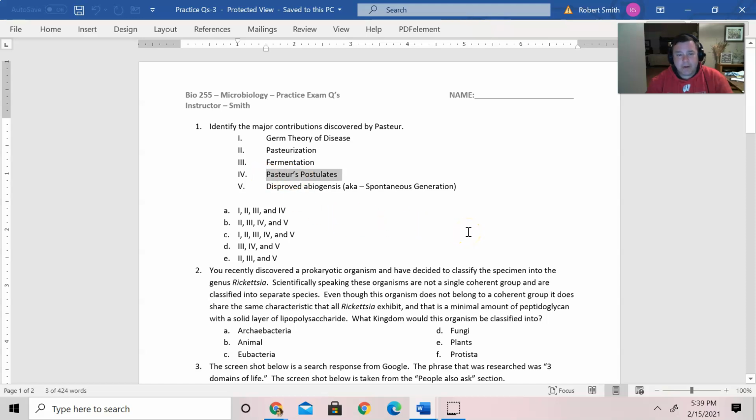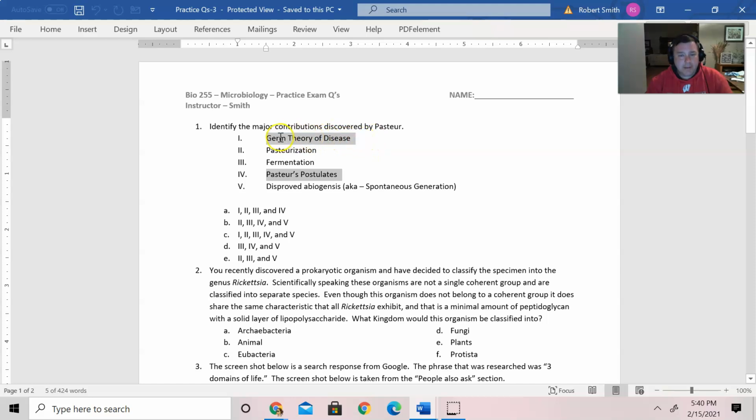If you know that one, that happens to be Koch's postulates, so that is not something Pasteur is credited with. That's a distractor, okay? So really, pasteurization, fermentation, and he disproved abiogenesis, also known as spontaneous generation. If I had the ability to highlight these two, they happen to be wrong.